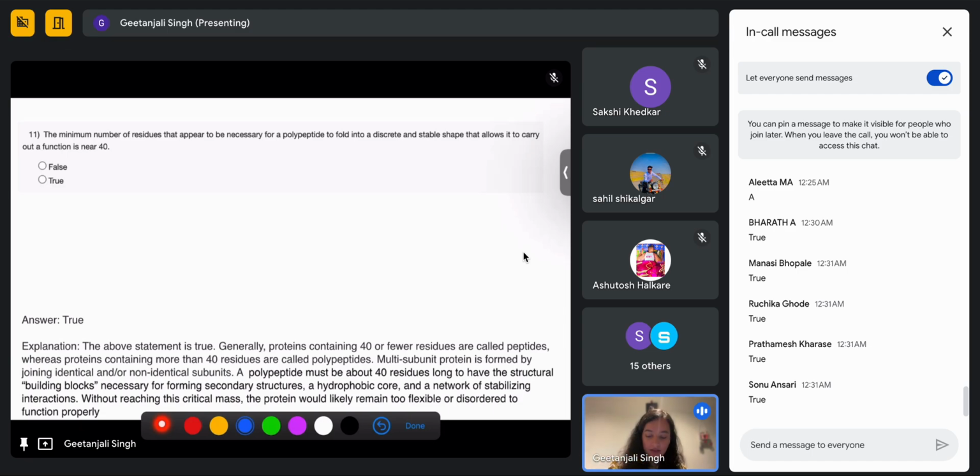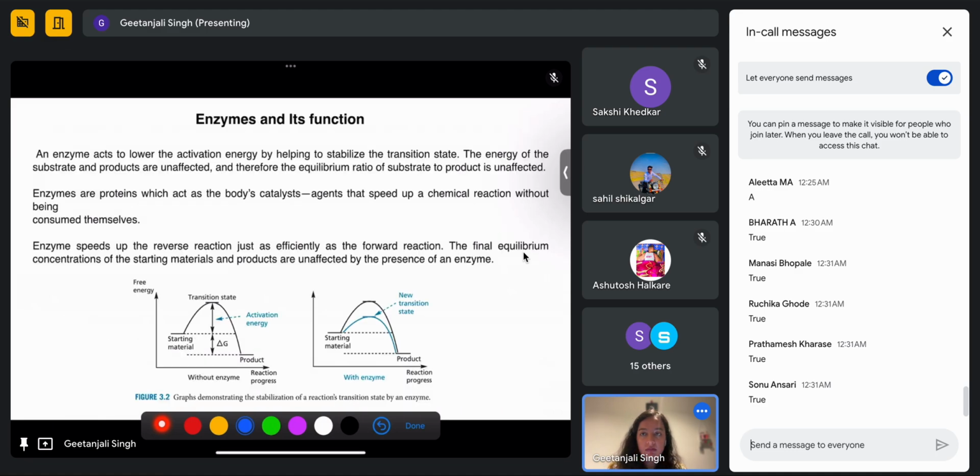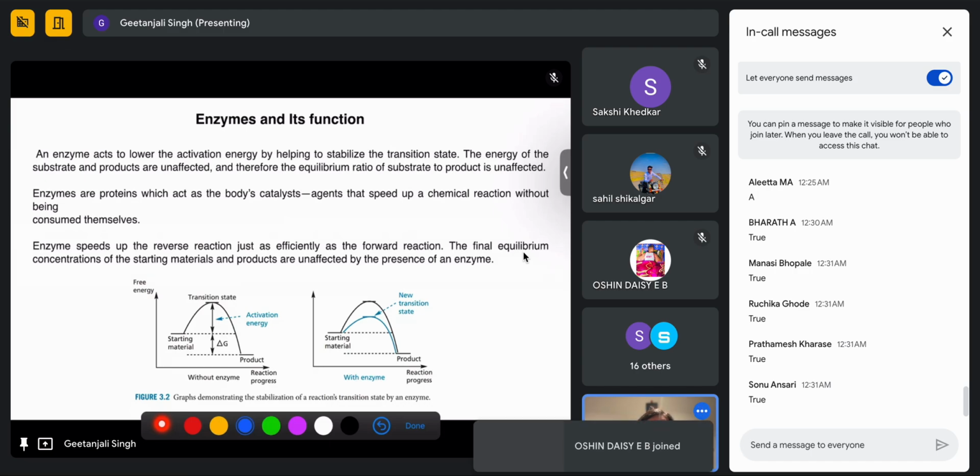Let's move on to the next question. Now let's revise. We are done with the assignment from the first week. Now let's have a brief summary of what was taught in the second week: enzymes and their function. Now, what exactly are enzymes?